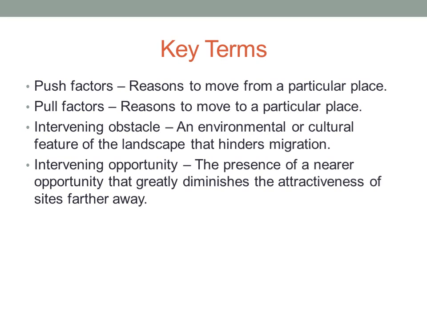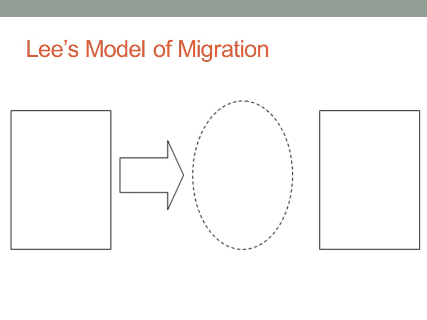So an intervening opportunity is something that comes up. You get a better opportunity along the way. You thought making it to a particular city or country that's further away would be the most desirable, but then during the journey you realize that there's an opportunity that is just as good, perhaps before you get to that other place. So let's take a look at a visual that corresponds with this.